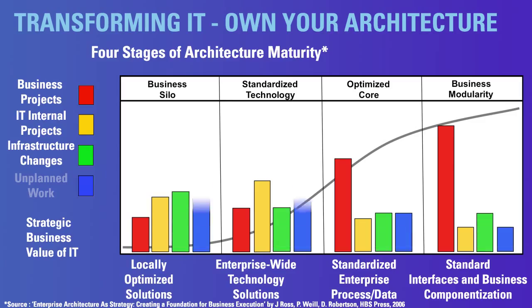So the goal is, as I go through these four phases, to look at where the break fix cost is going. Again, the value is really in the red bars here. So how do I increase those while minimizing the blue bars, which is the unplanned work?